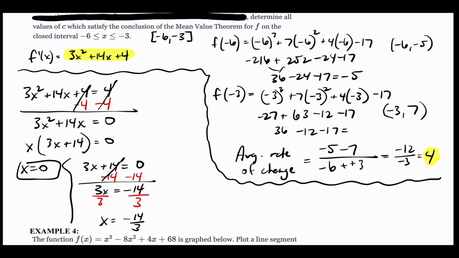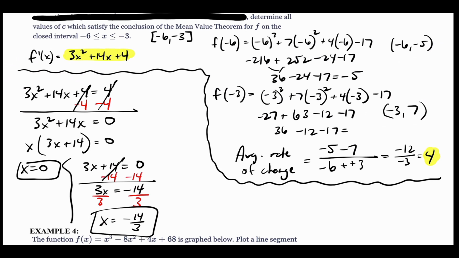X equals negative 14 thirds, which is between negative 4 and negative 5. Don't change it to a decimal. Don't change it to a mixed number. Leave it like that. But here's a good question here.